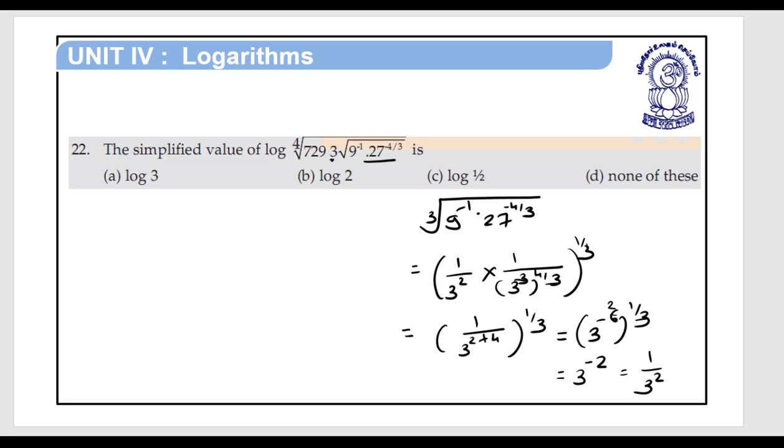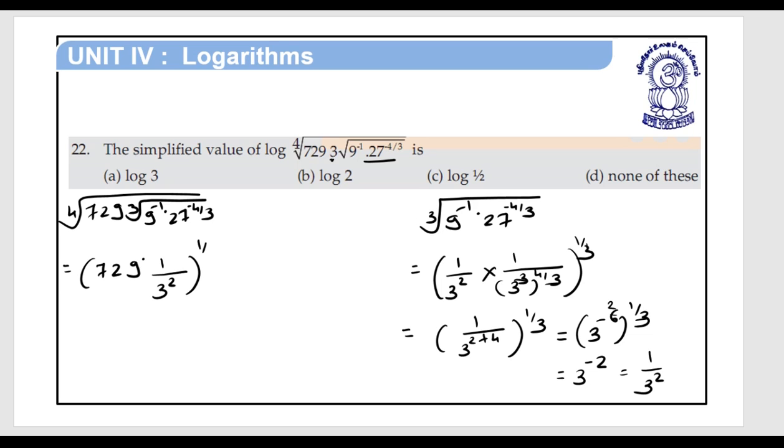Now put the value. Fourth root of 729 into the cube root of 9 minus 1 into 27 minus 4 by 3 is equal to 729 into 1 upon 3 square, all raised to 1 by 4. 729 means 81 nines, into 1 upon 3 square, raised to 1 by 4. 3 square means 9, the 9s cancel, so 81 raised to 1 by 4.